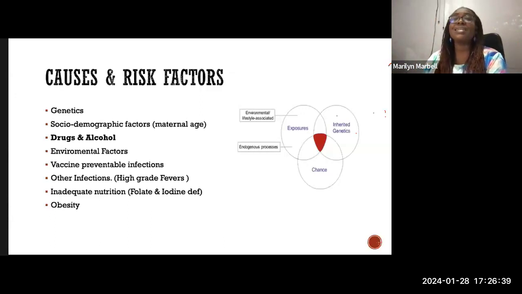Then drugs and alcohol, that is a very, very important one. I'm talking about illegal drugs, the cocaines and the marijuanas and the narcotics and things. If you're a user, you are more likely to cause genetic defects in your baby.